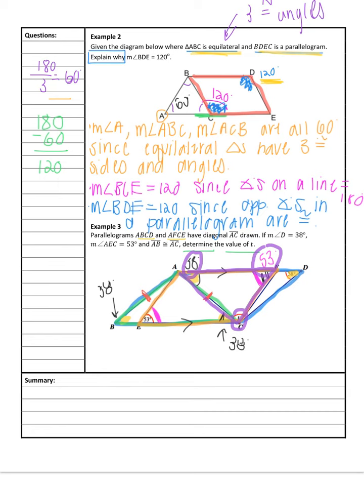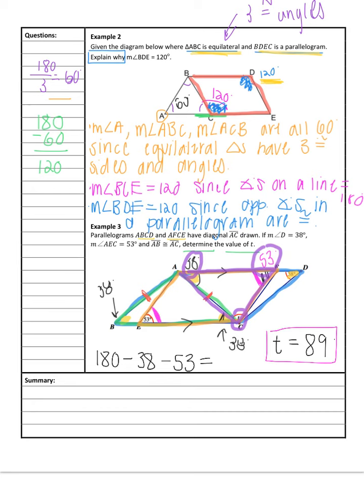It's not even really a trick, it's a property, I should say. So, to get T, we have to take 180 minus the 38 degrees minus the 53 degrees. And if we do that, we're going to figure out that T is equal to 89 degrees.